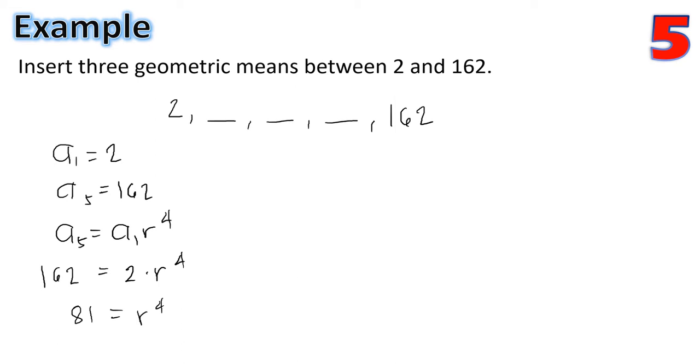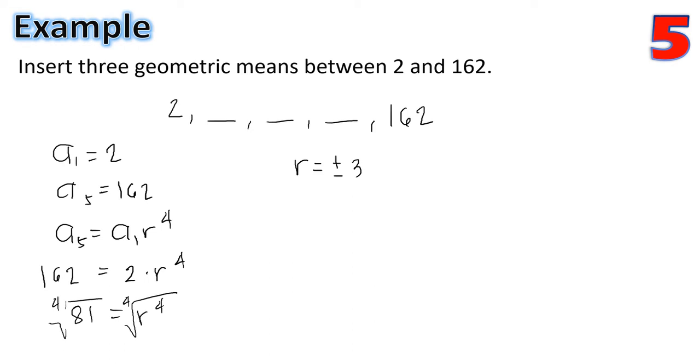To get the value of R, we will get the 4th root of both sides of this resulting equation. 4th root of R raised to 4 is R. The 4th root of 81 is positive or negative 3. Hence, inserting an odd number of geometric means between two numbers will result to a common ratio that will have a positive and a negative value.